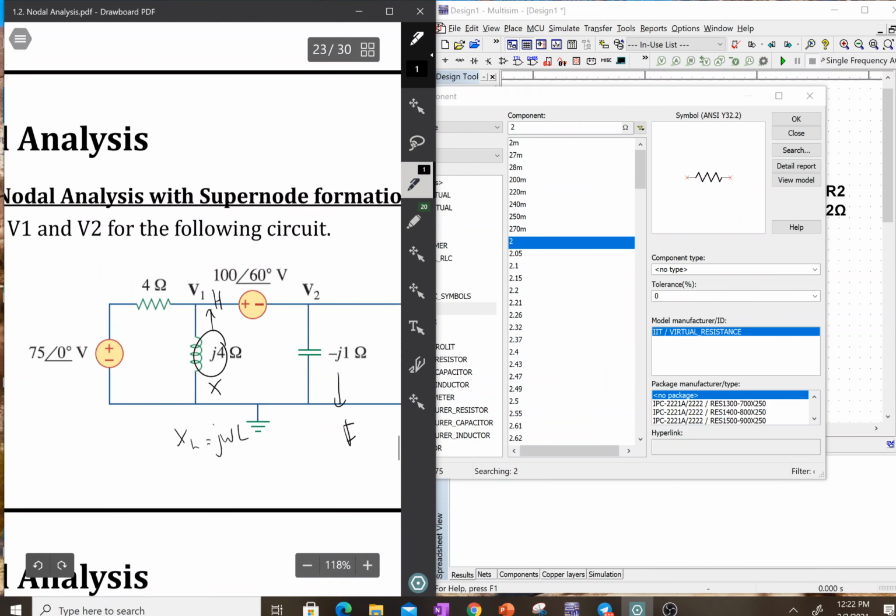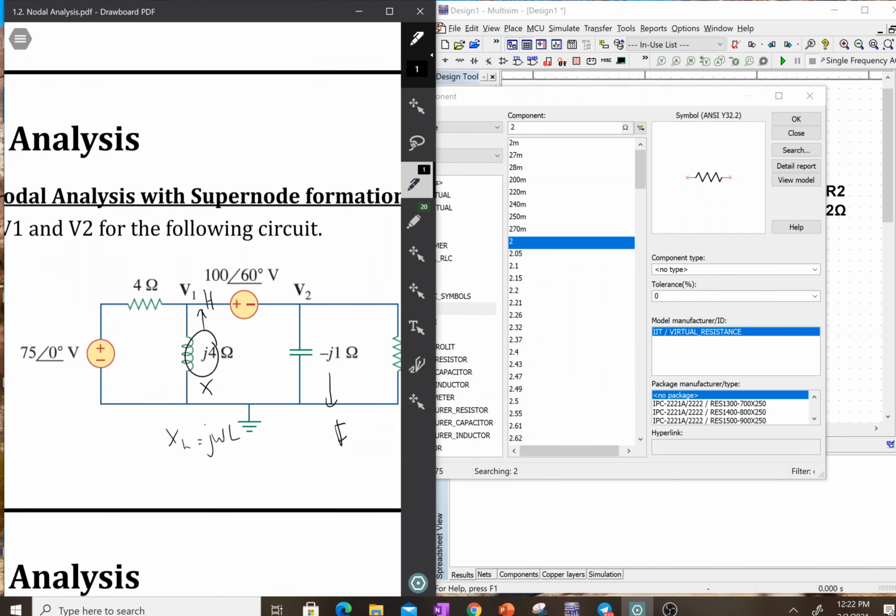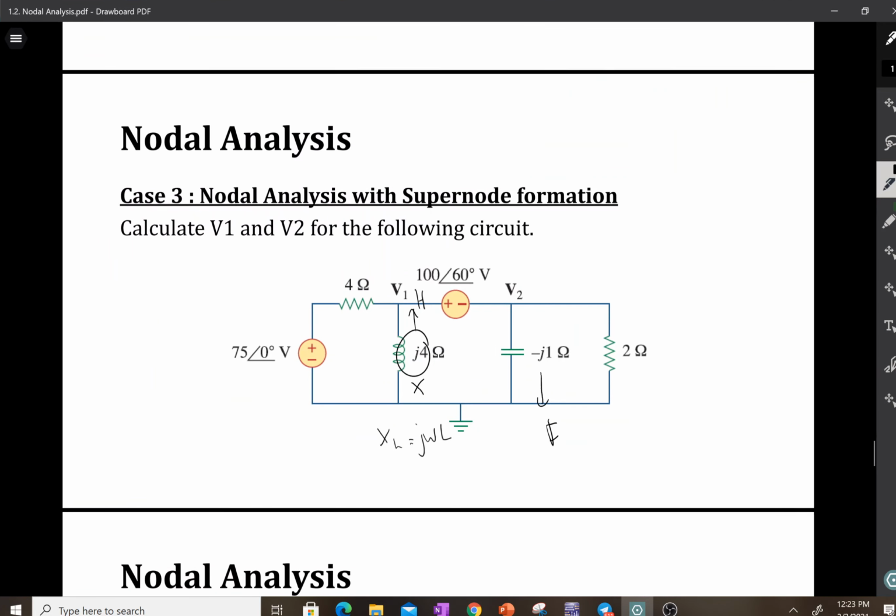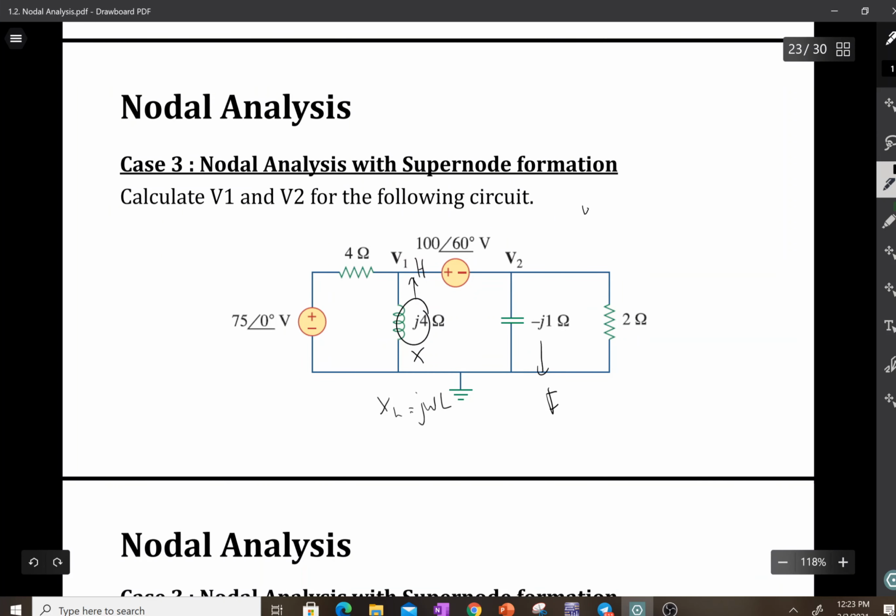Okay, so for this case, the question does not provide the omega or frequency, so maybe I can set the omega as 10. To get frequency, f equals omega divided by 2 pi.